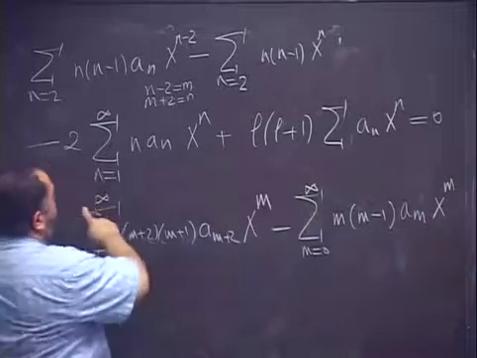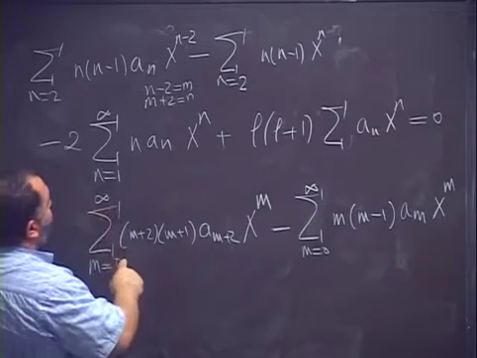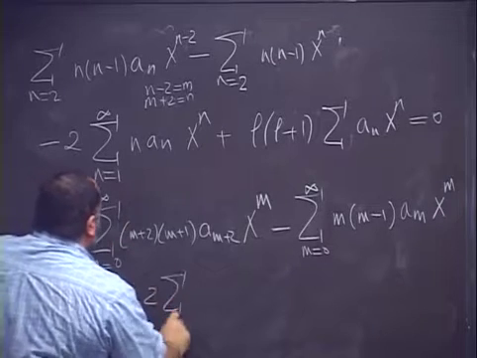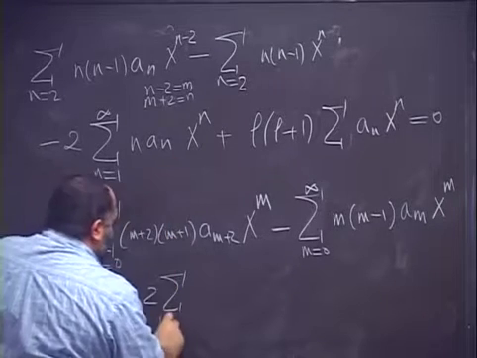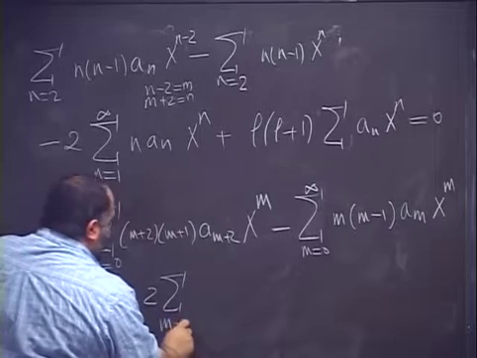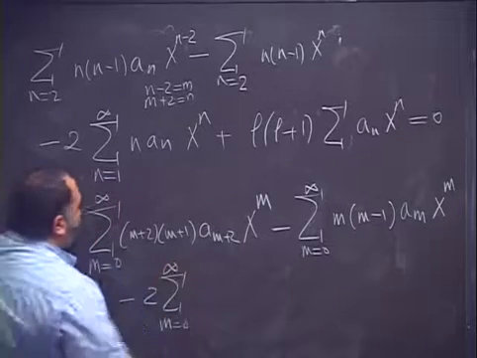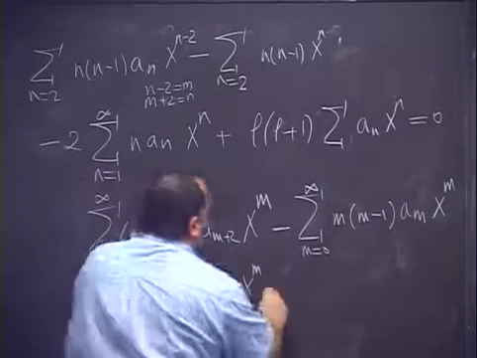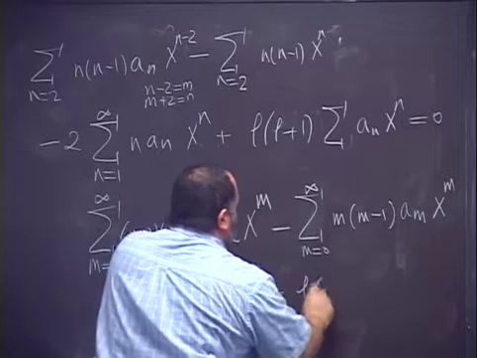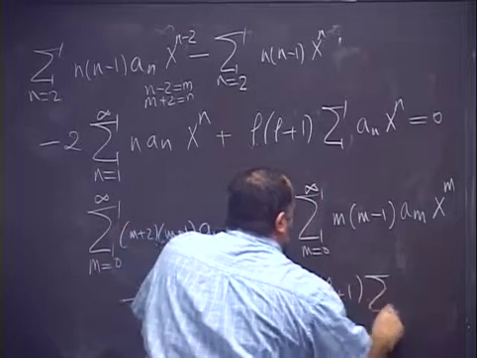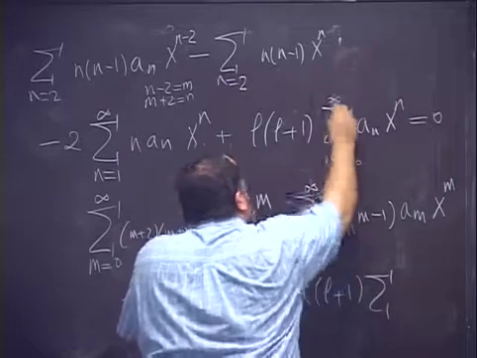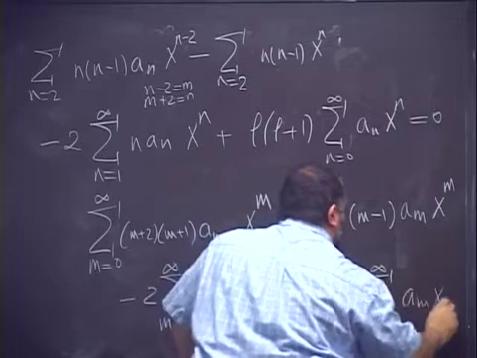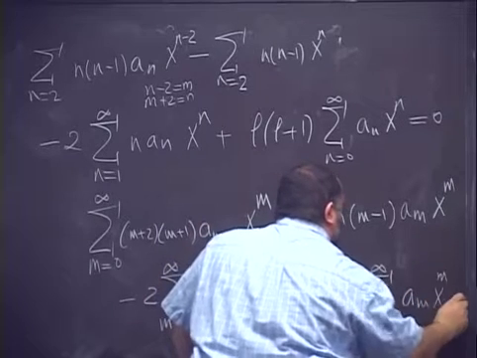And then this one, minus 2 summation, I will also change n to be m. Does it make any difference if I start from 1 or from 0? Nope. So this is m, a_m x to the power of m, plus l multiplied by l plus 1, summation m equal to 0 to infinity, a_m x to the power of m, equal to 0.